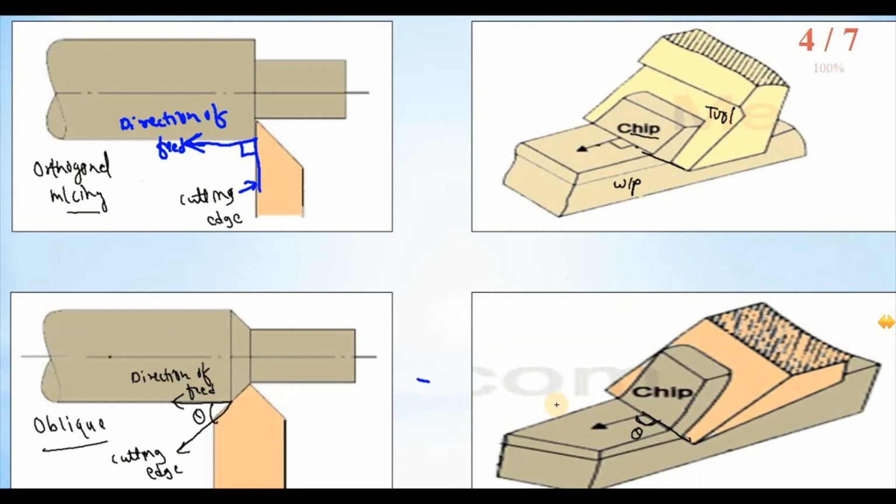In orthogonal cutting, the cutting edge clears the width of the workpiece on either end, but in oblique cutting, the cutting edge may or may not clear the width of the workpiece.